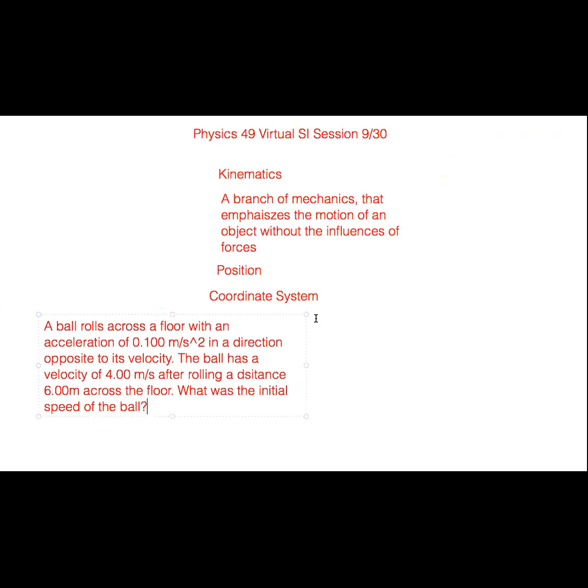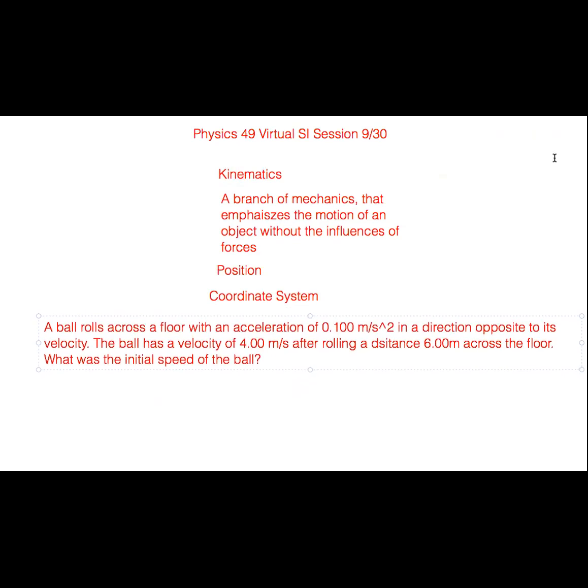Coordinate systems can be one-dimensional or two-dimensional, and it's important to identify the coordinate system at the beginning of the problem to make the problem even easier and get the signs correctly for each vector value in the problem. And we'll probably go over an example that needs defining a coordinate system in the practice problems that we're going to cover along this session.